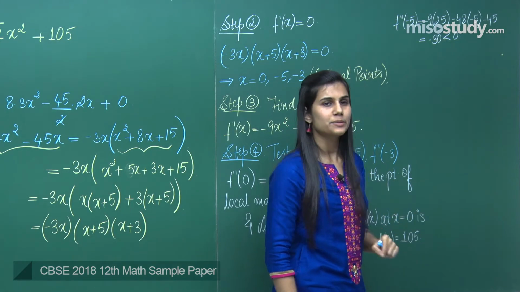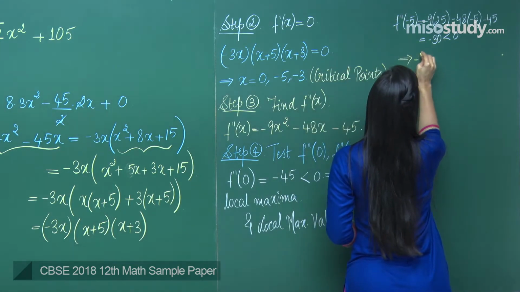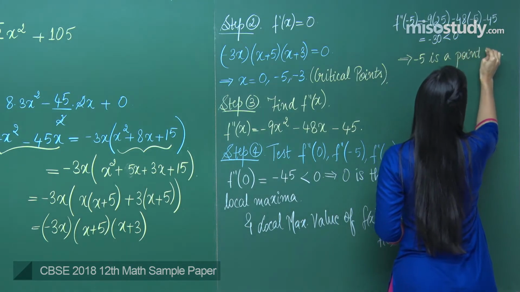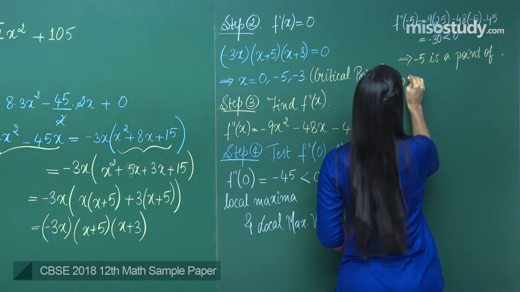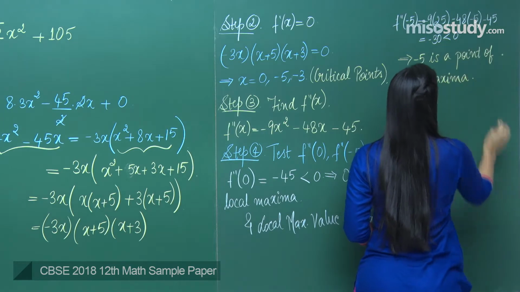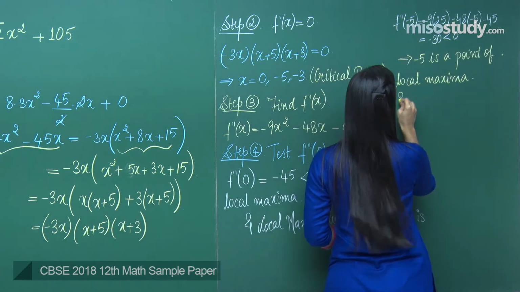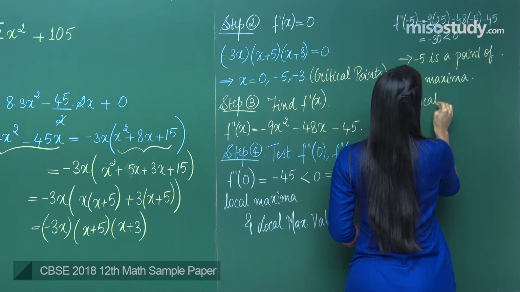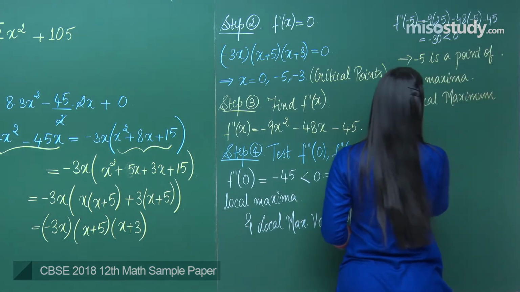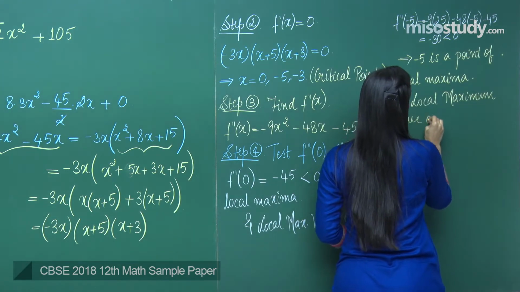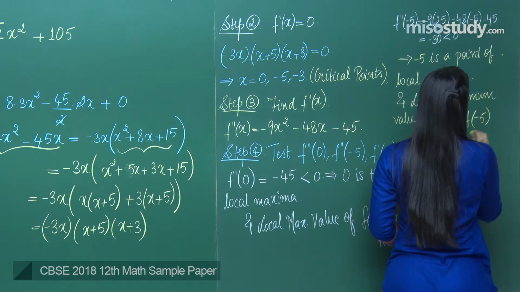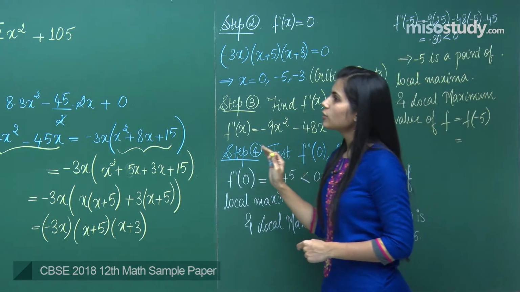local maxima. So, this implies minus 5 is a point of local maxima, and the local maximum value of f is f of minus 5, which is what?